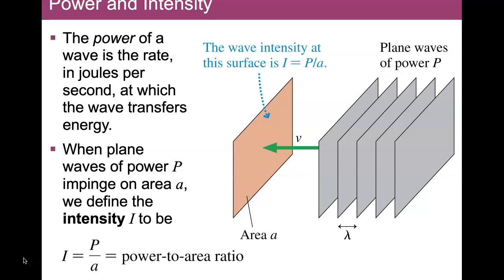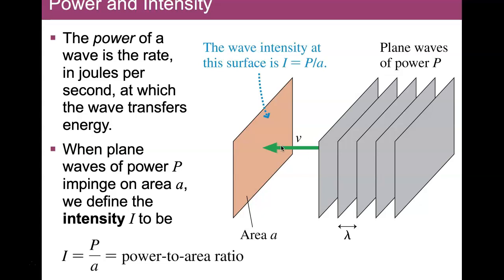And then how do we define the intensity? Well, the intensity is power divided by area. So suppose you have some area, you have a wave that's propagating, and let's say you're really far away for the sake of the argument from the source, so these wavefronts look pretty much parallel.